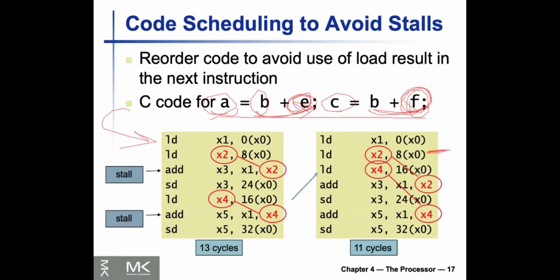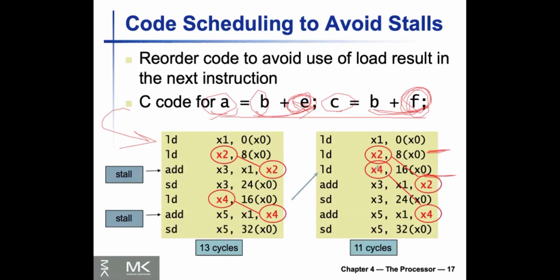And then after this, we give enough space between these x2 accesses so that with forwarding we are now able to get past the data hazard. So we don't need to put the stall anymore, right? Remember it was a load, and even with forwarding we needed to put the stall. Now with one instruction in the middle and with forwarding, we are able to push past the stall. So we are saving a stall here.